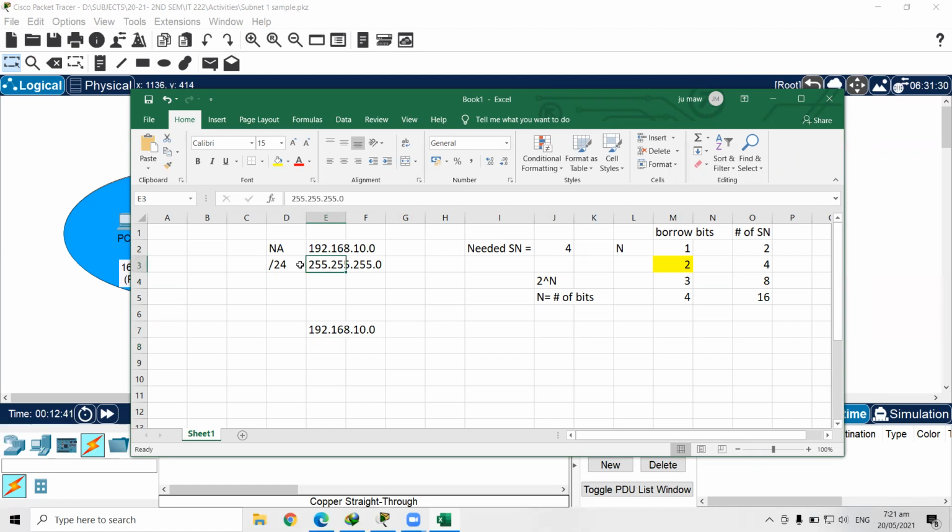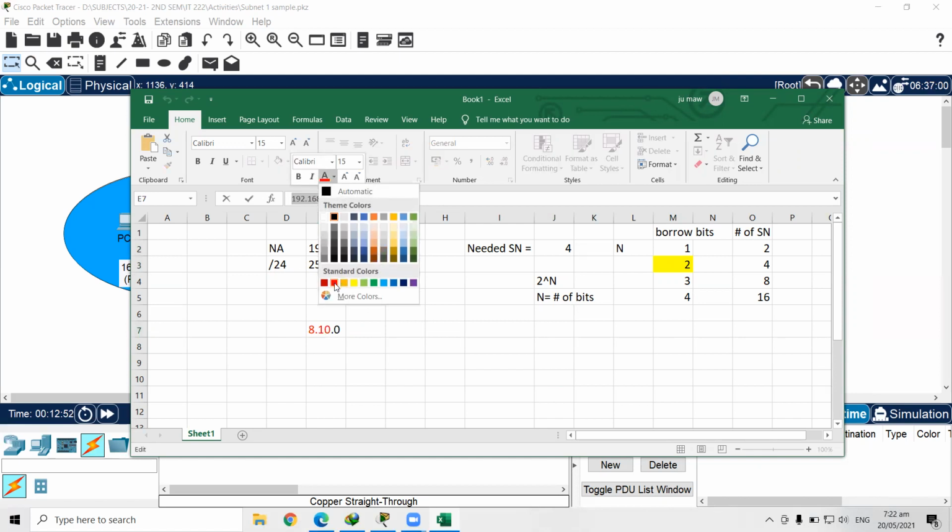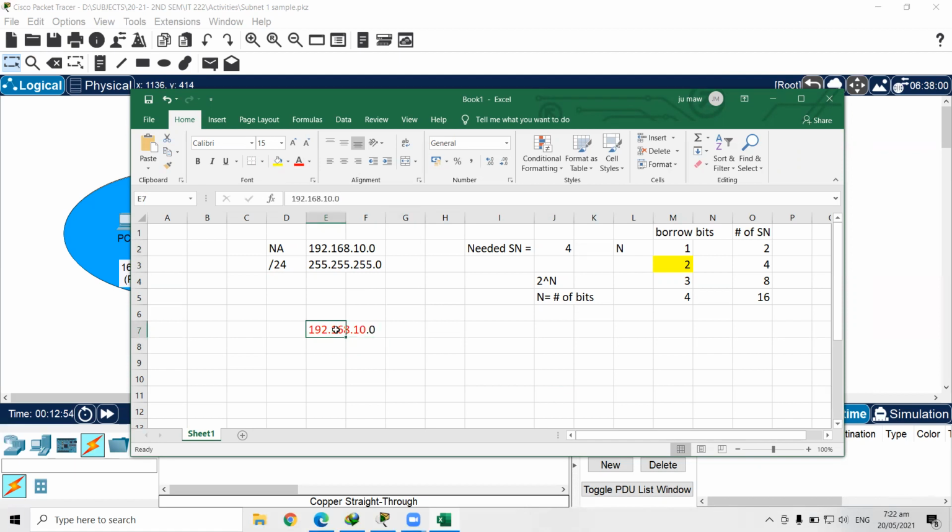Given the subnet mask of /24, yung naka-red, yung network portion, yung 0 is the host portion. So yung concept ng subnet, magbaborrow tayo ng number of bits sa host para gawing subnet.